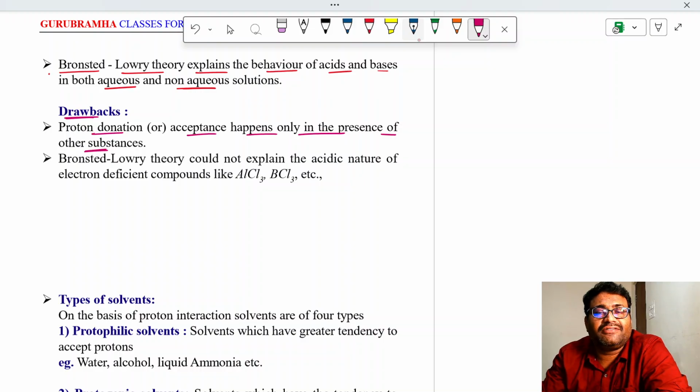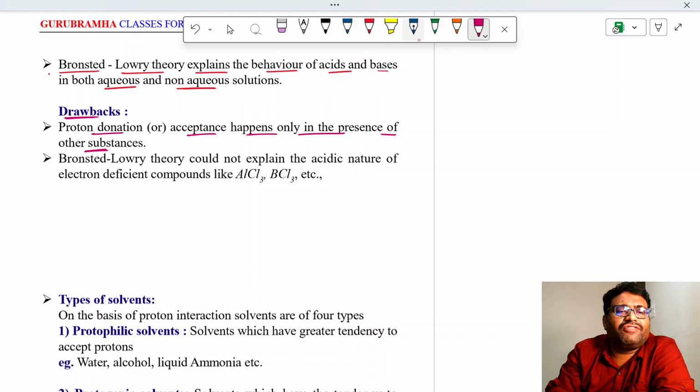Are you getting this? If another substance is not there, then this substance cannot act as an acid. So a substance cannot act as an acid or base if another substance is absent. Acid cannot act as acid if base is not present. Base cannot act as base if acid is not present. That is the situation here.